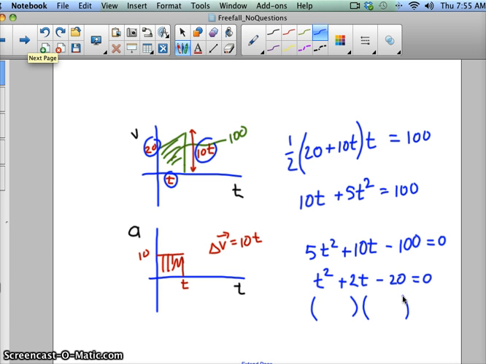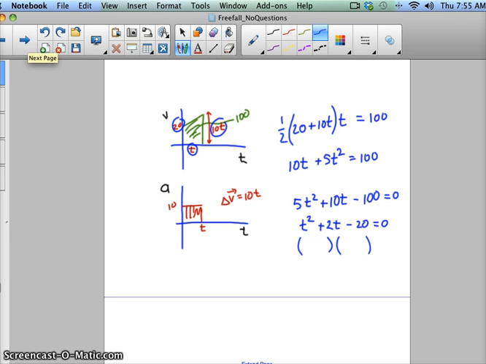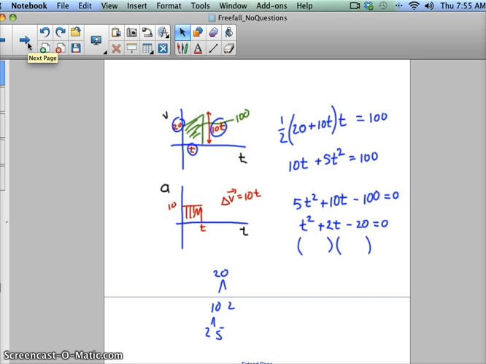5 and 4, that won't do it. So we're going to look for factors. 20 is 10 and 2, 2 and 5. I don't know if this is going to be factorable. Looks like it might not be. 4 and 5 aren't going to do it, because those aren't going to add to 2 ever.